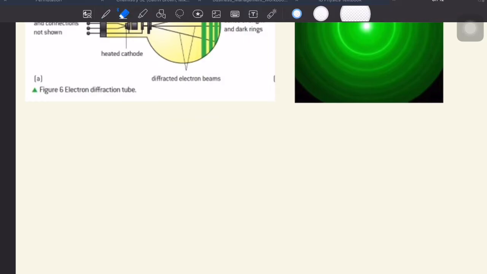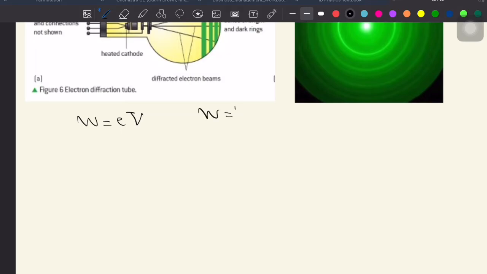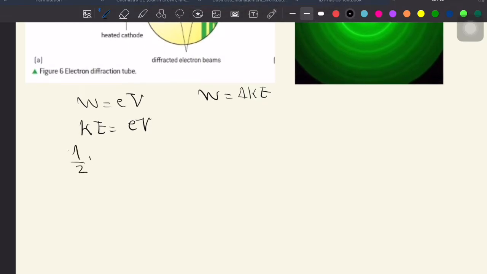So we know from chapter 10, if I'm not mistaken, that work is equal to the charge of an electron, e times V, which is the potential difference. And work, from classical mechanics, we know is basically the change in kinetic energy. Therefore, kinetic energy is equal to eV, and 1/2 mv² is equal to eV.